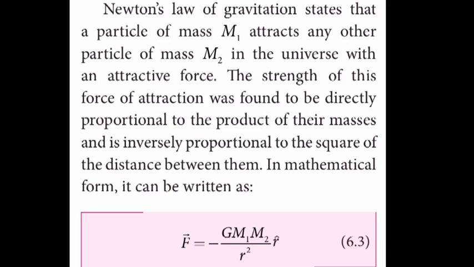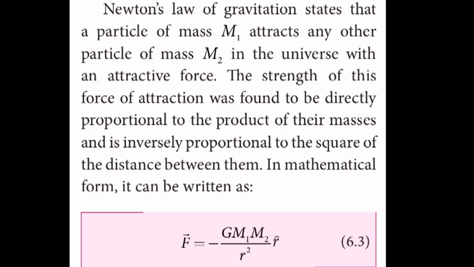Now coming to the mathematical expression for this statement. Here the force is directly proportional to M1 and M2 and inversely proportional to R square. To remove the proportionality, we have to use one constant term. So we are using capital G as a constant. Therefore, if the force is represented in vector form, F vector is equal to minus G M1 M2 divided by R square into R cap.